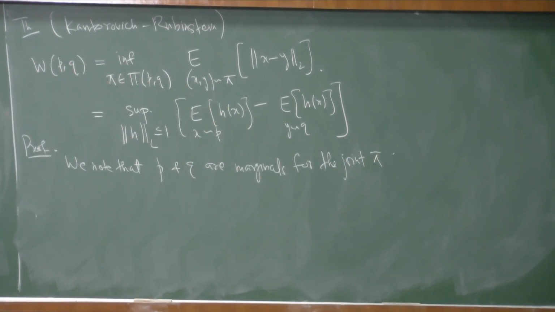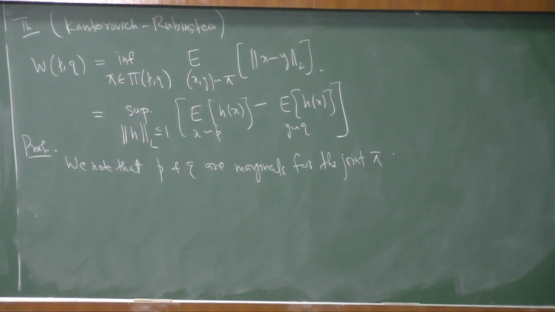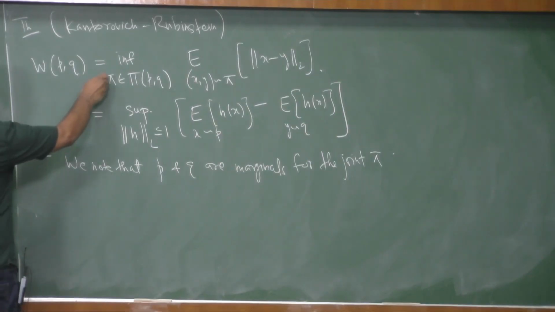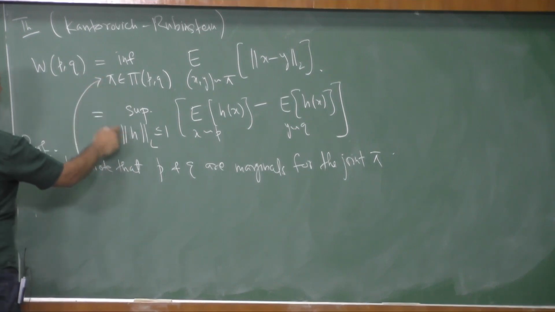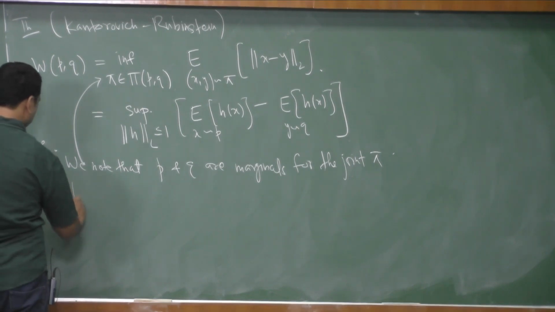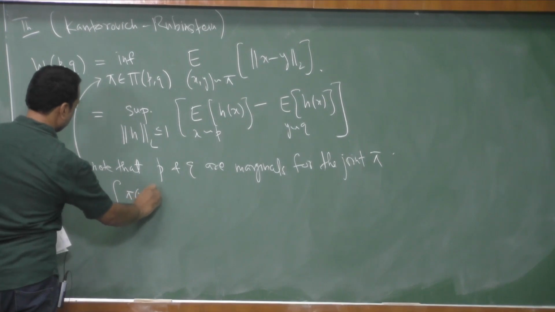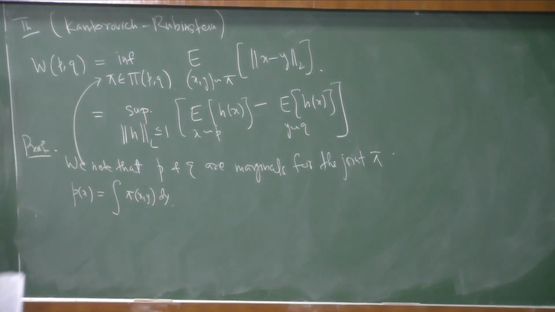This is a constraint, because that's a demand that I have, that all the joints that I'm considering are such that their marginals are P and Q. So there is an implicit constraint here in terms of the marginals, which I will write down as: Px must be equal to the joint integrated over y.